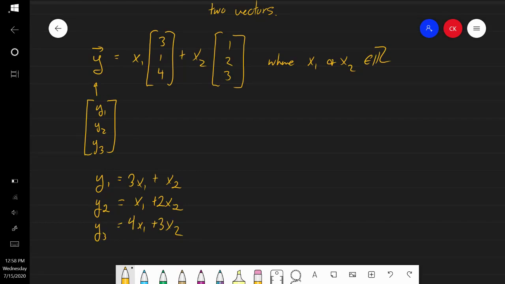So now this is looking like a system. And if we flip it around, although we necessarily don't have to do that, I think it helps reveal what we're supposed to do to continue the process. So then we have x1 plus 2x2 equals y2, and 4x1 plus 3x2 equals y3.